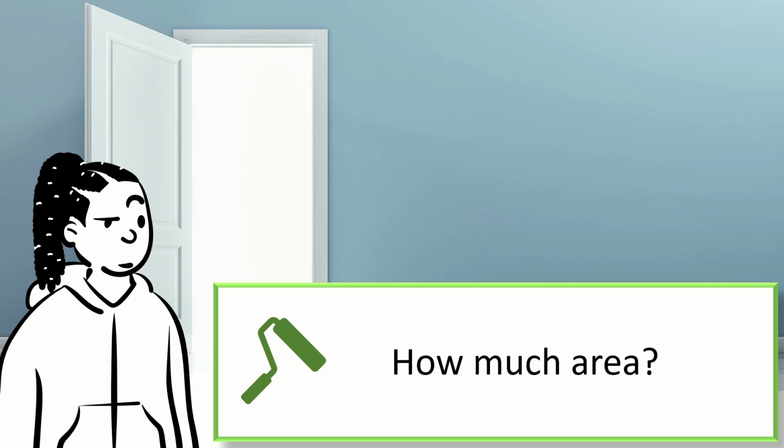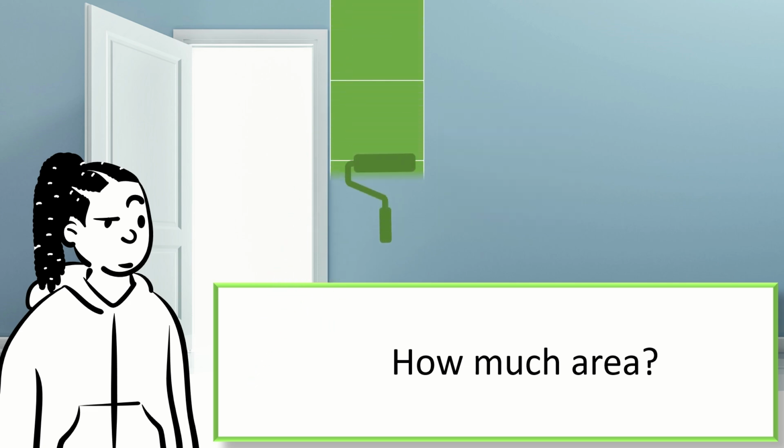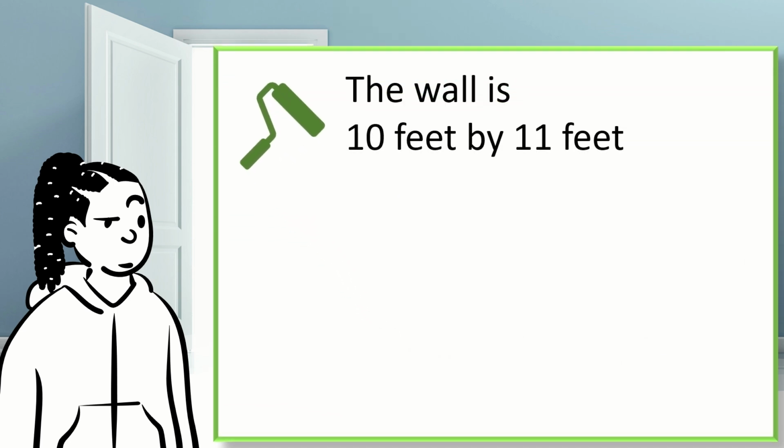It's a little larger, so I'm going to instead think of this as painting these squares that are 1 foot by 1 foot. And I just take my paintbrush and I measure these 1 foot by 1 foot squares. So if the wall is 10 feet by 11 feet, how much will I need to paint?